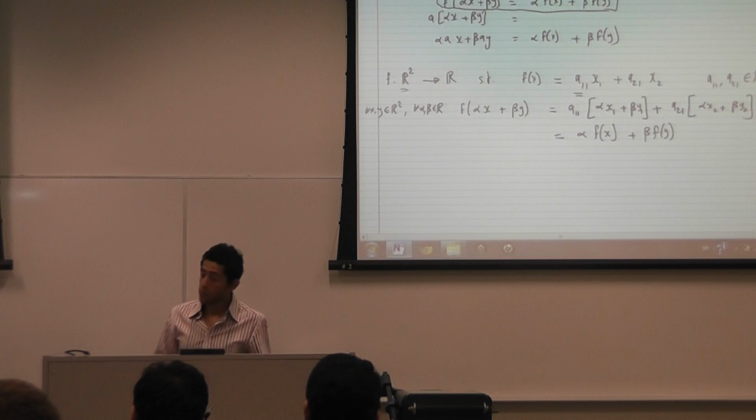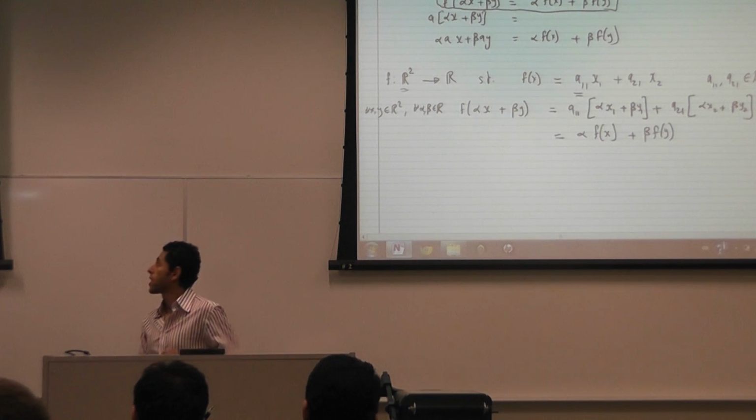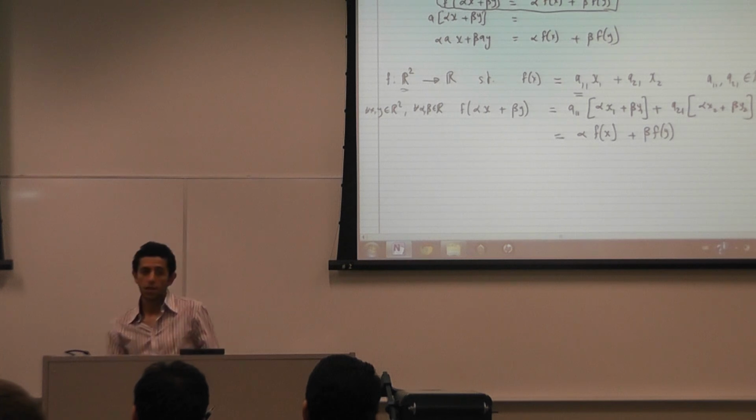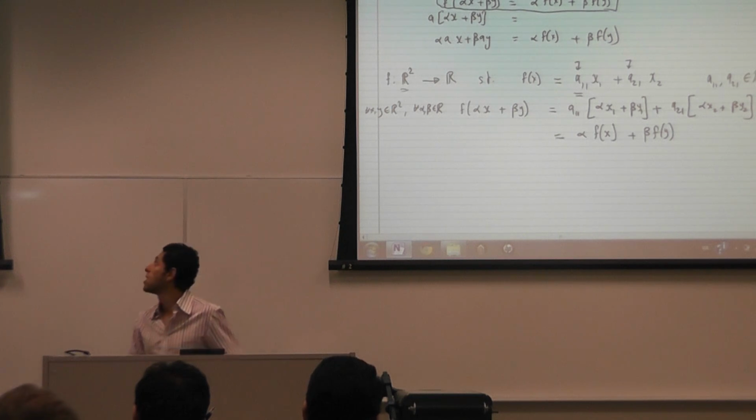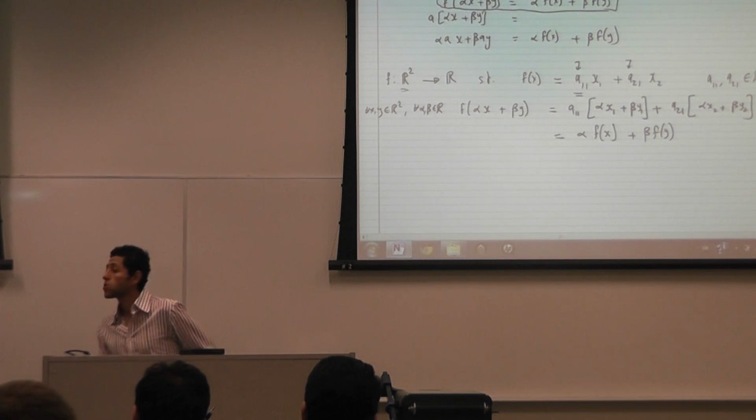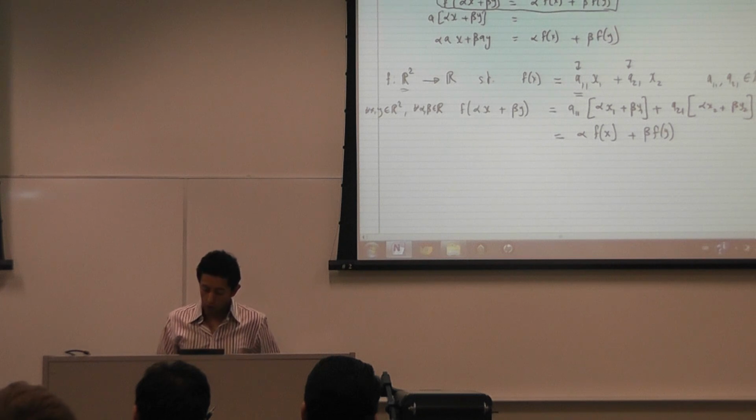Not only this, what you notice here is the way I constructed f of x, I introduced two new numbers, a11 and a21. a11 is used to multiply by x1, and a21 is used to multiply by x2.